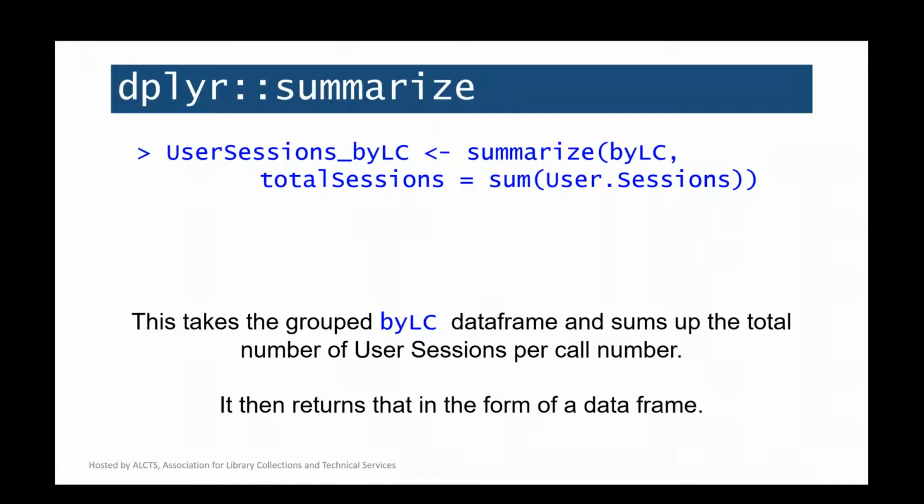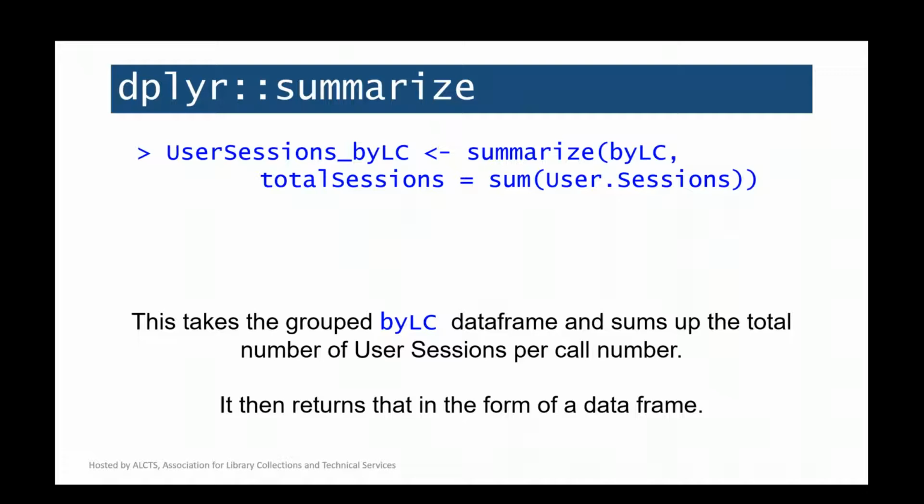What I want to do is use summarize on a grouped data frame. So remember earlier we grouped by LC according to LC class. Here what I'm saying is summarize that grouped data frame by LC, and I want a new column there. Let's call it total sessions, and that represents the sum total of user sessions per call number.